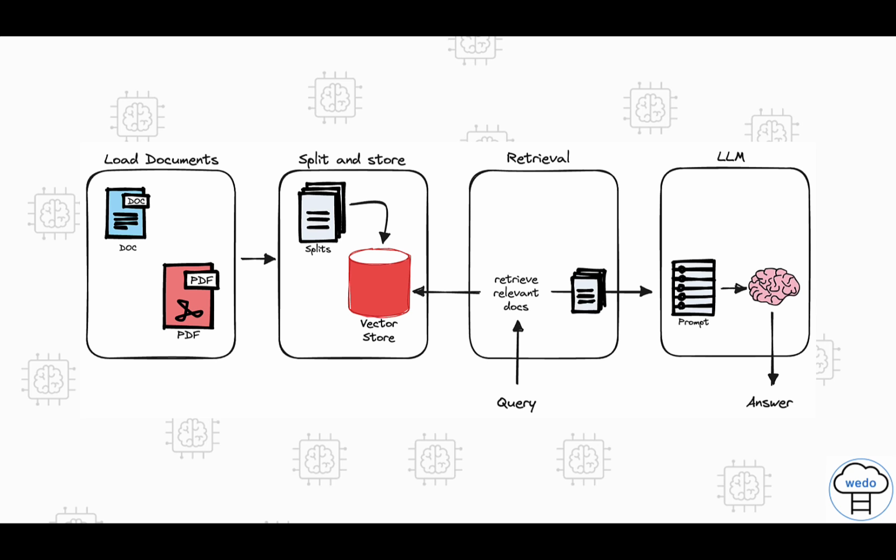So we have our documents somewhere in the first step. These documents might be in SharePoint or some file share, that doesn't really matter. But typically these documents are too big to create our vectors from. So what we have to do is we first have to convert these documents to text, because LLMs work with text. And then we have to split those texts into splits or chunks, as we also call them.